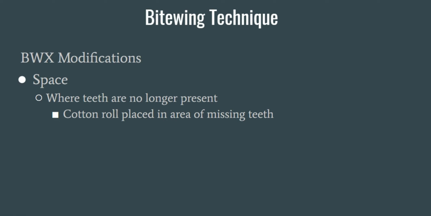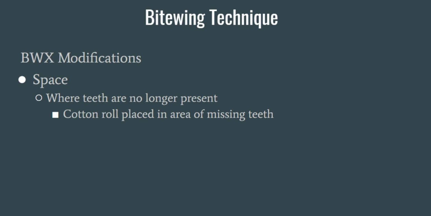So when the patient closes their mouth, the opposing teeth are going to bite down on that cotton roll and they'll support the tab or the film holder. If that support is not given though, the film will tip, causing the occlusal plane to be tilted.